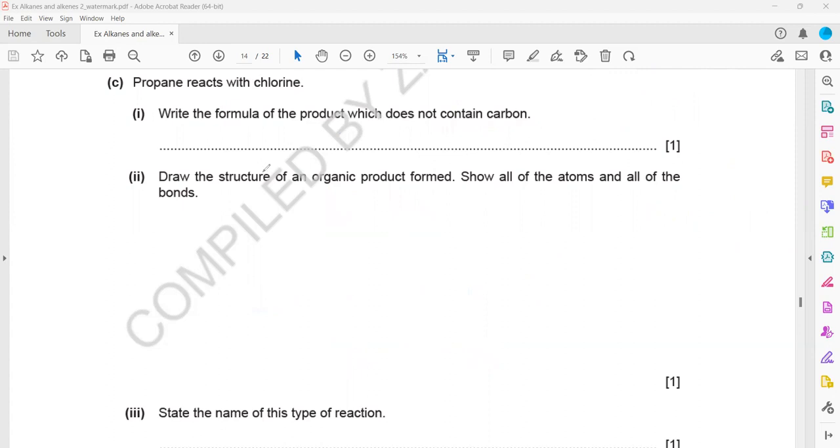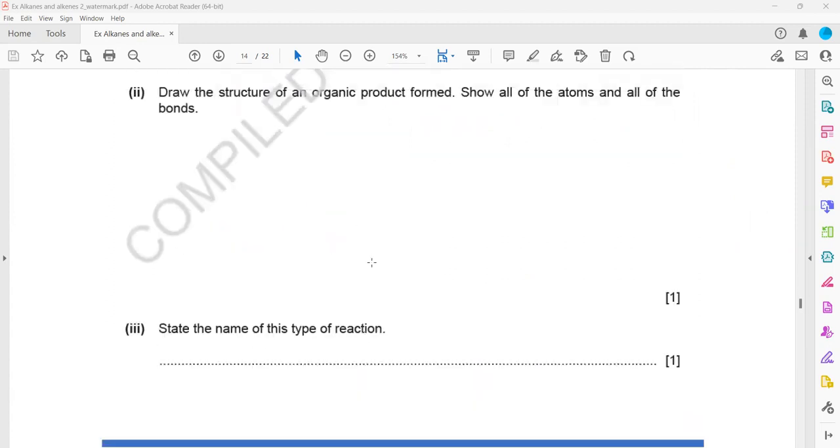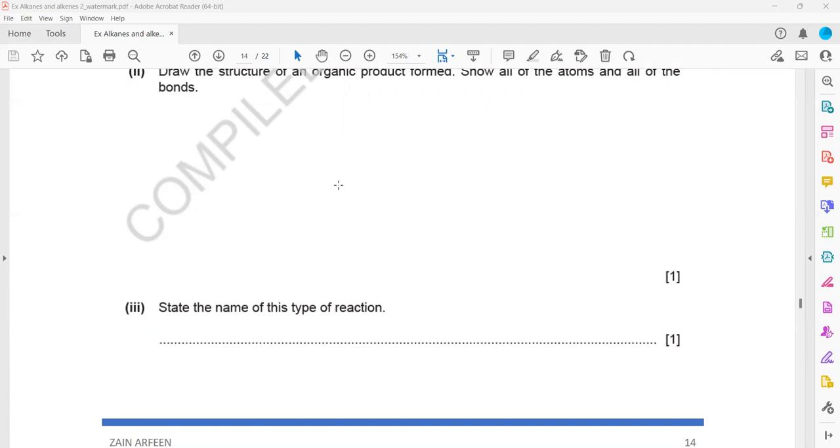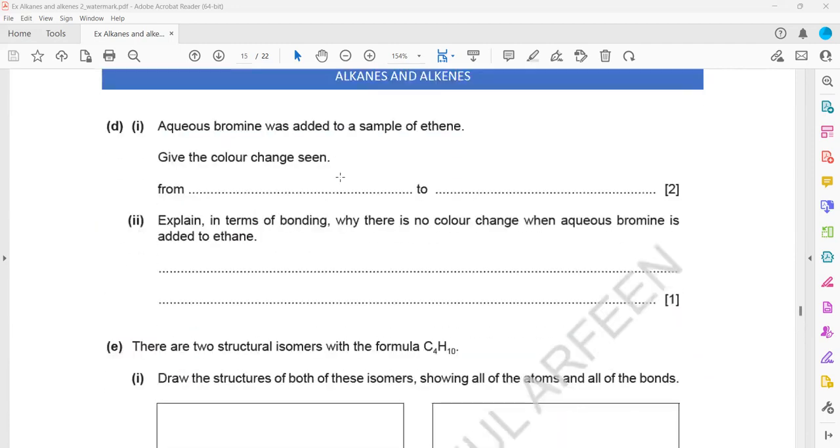Any one you have to draw. Name the type of this reaction. We call that substitution. Alkanes with chlorine undergo substitution.